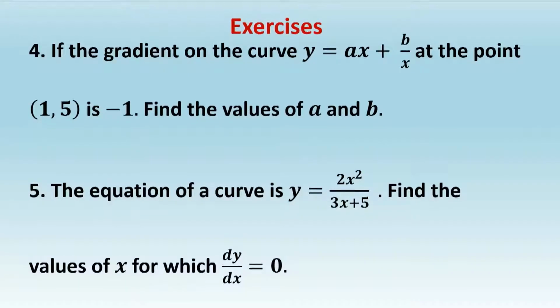If the gradient on the curve y is equal to ax plus b over x at the point 1, 5 is minus 1, find the values of a and b. Number 5. The equation of the curve is y equal to 2x squared over 3x plus 5. Find the values of x for which dy by dx is equal to 0.